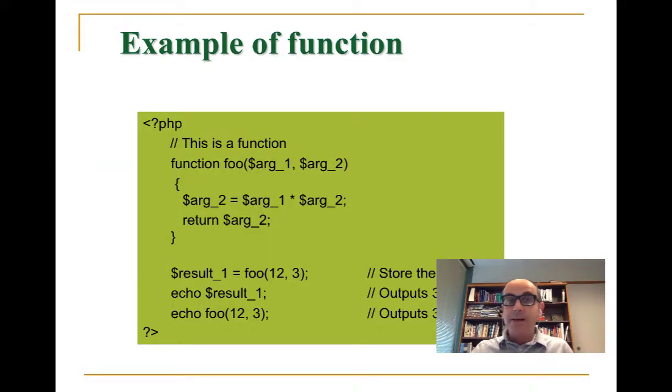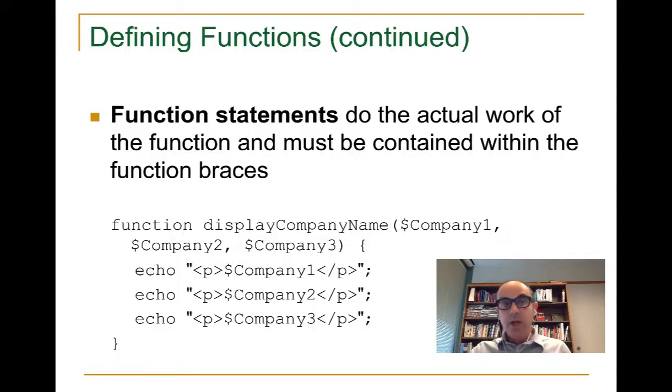So again, this is something that I want you to look at. This is an example of a function. A function foo has two variables inside, and variables 2 and 3 are then calculated in order for us to see the result and how we store and output all those functions. In this case, run it on the server and see what the results are.